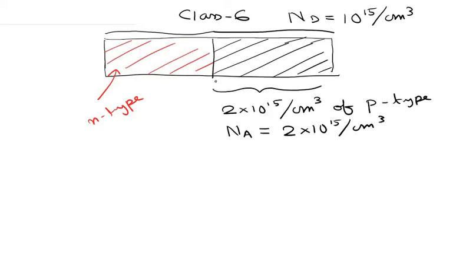But this region to the right is basically p-type because we have first doped it with 10 to the power 15 per centimeter cube of donor type impurities, and then we have again doped it with 2 into 10 to the power 15 per centimeter cube of acceptor type impurities. So this region is basically p-type, and here the number of holes is approximately 10 to the power 15 per centimeter cube. Okay, so this is how a p-n junction is basically formed.